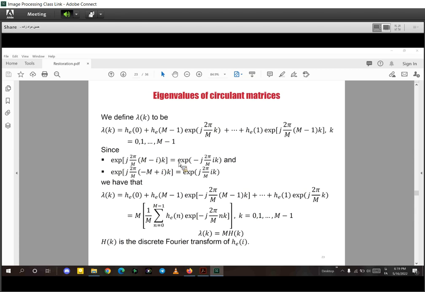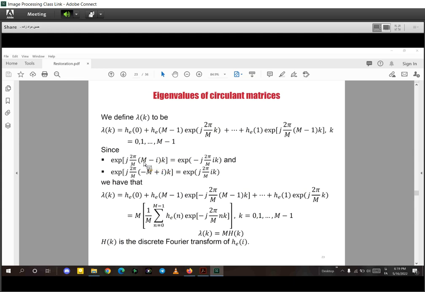Okay, and this one was 1. Here is 1. Okay, 1, exponential of minus j2π m a k over m a k. Exponential of j2π over m, minus m plus a. This is m minus a. This is minus m plus j.